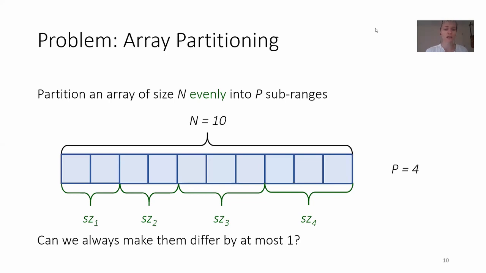Okay, so of course, if you're a good programmer, then you would think about this for a little bit, and then you'll probably figure out how we can assign each one of those sizes depending on the values of n and p. But today, our goal is to not think very hard, right? So our goal is to use Z3 to do all the thinking.